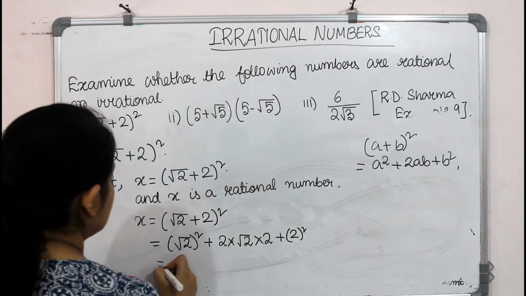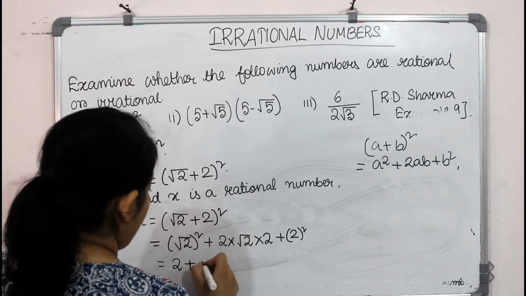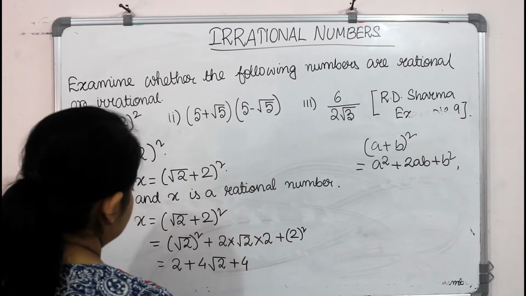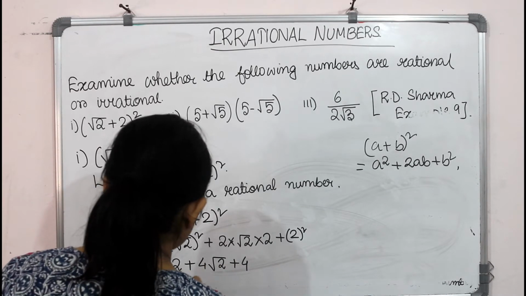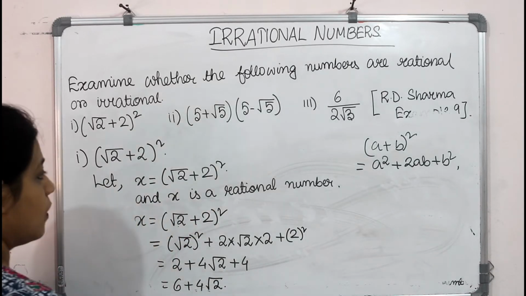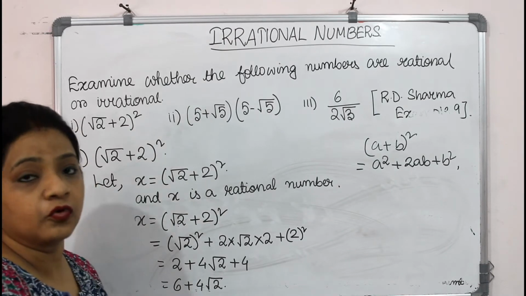So root 2 square is 2, plus 4 root 2, plus 4, that is 2 plus 4 is 6, 6 plus 4 root 2. So you are getting x equal to 6 plus 4 root 2.